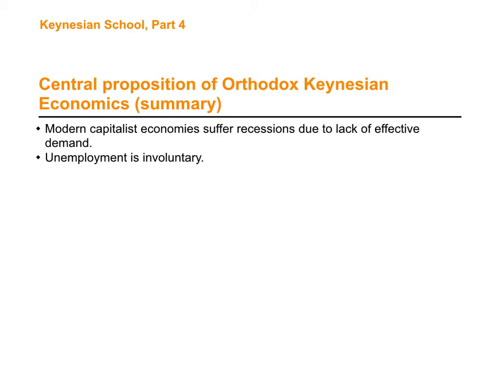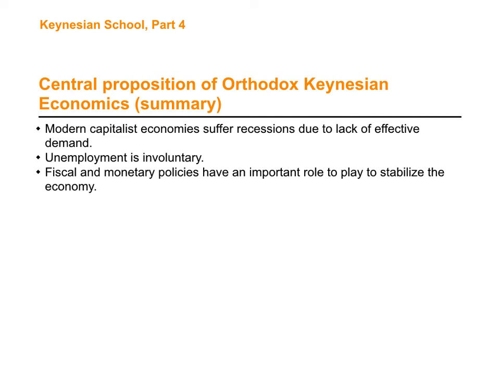Another implication in this model is that unemployment is involuntary, right? So there are people who want to work but they cannot work. They cannot find a job, which is different from the neoclassical view in which unemployment is voluntary, right? People don't work because they make a calculation between leisure and work.